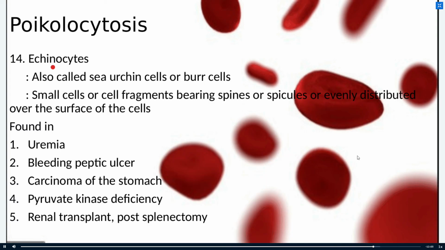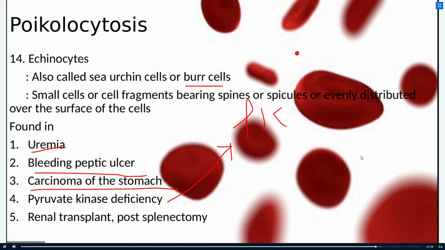Another one would be your echinocytes, also known as your sea urchin cells or your burr cells. Now, these are small cells or cell fragments bearing spines or spicules that are evenly distributed on the surface of the cell. They could be found in uremia, bleeding peptic ulcer, carcinoma of the stomach, pyruvate kinase deficiency. Pyruvate kinase, PK.